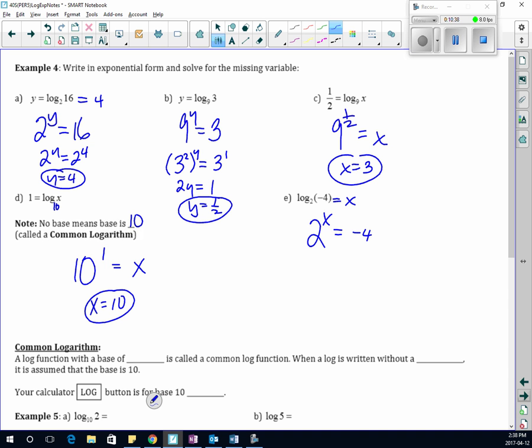Yes? You can put the brackets, but it doesn't really mean anything. The reason they have brackets here is so it doesn't look like log subtract 4. It's the logarithm of -4 base 2. Okay, so we need to get the same base, or we can just look at it and tell at this point.